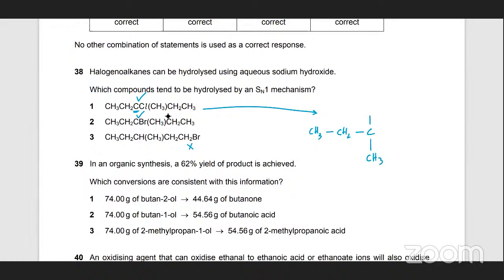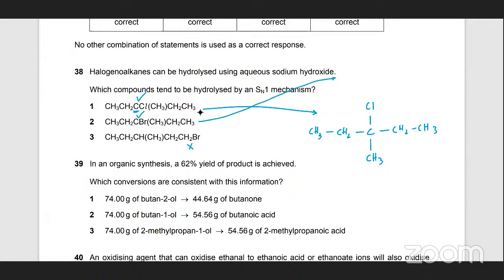It is attached to a Cl, and then after that it is attached to CH2 CH3. So it is definitely a tertiary halogenoalkane.